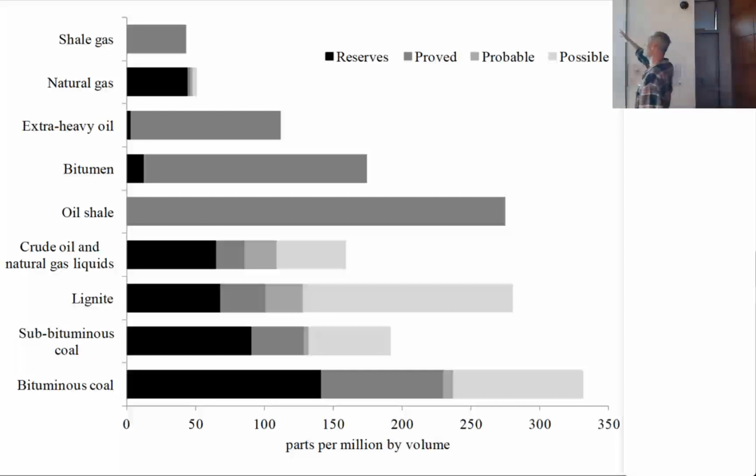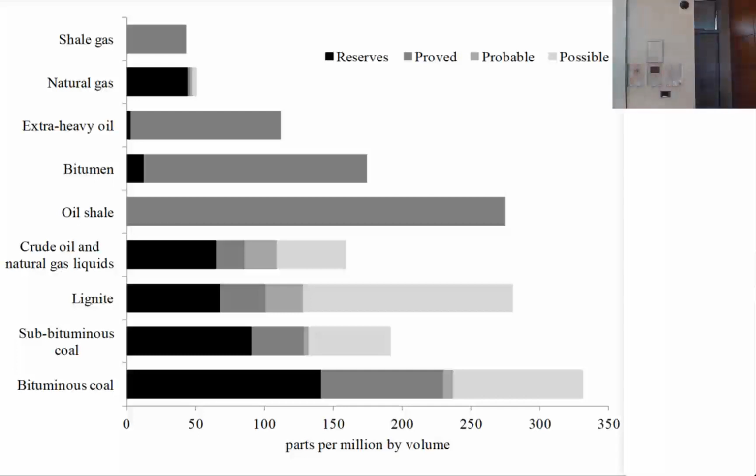Then we have probable reserves. You sort of suspect that it's there, but we haven't quite looked hard enough. And possible, yeah, it might be there, right? So that is what the grayscale means.